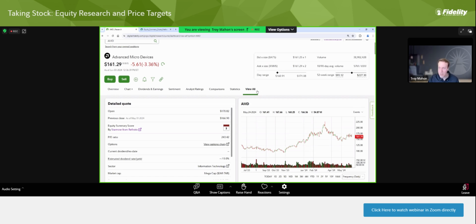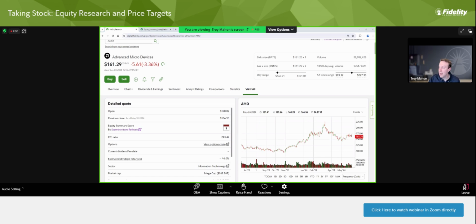So on the View All tab, you can go to News, and I will show this real quick. I know we want to spend most of our time on Fidelity.com, but if we go to Active Trader Pro, this was another stock symbol, VEEV, that was requested. This is a mid-cap healthcare name.